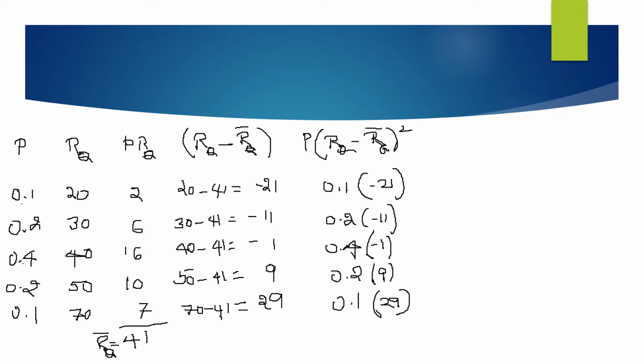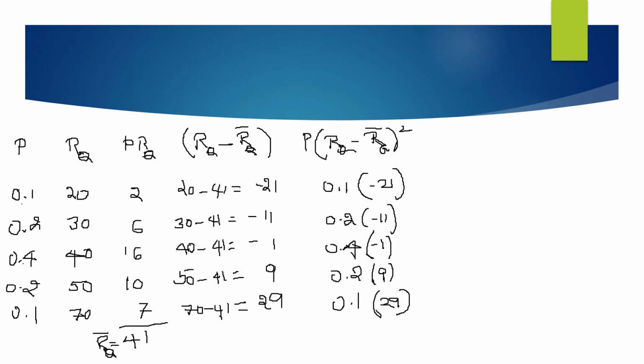Likewise, then square it. Whatever values you have got, you have to square them and multiply by the values of probability. So 0.1 into minus 21, next 0.2 into minus 11, the whole square.